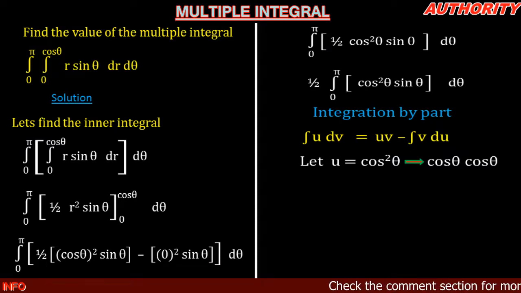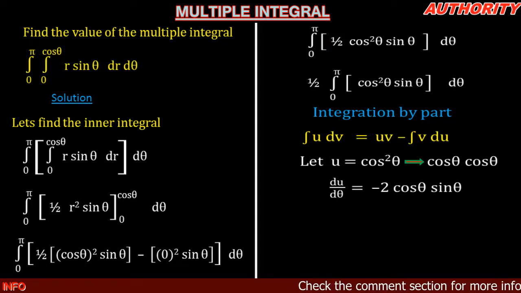Let's differentiate u with respect to theta, du d theta. Using the product rule, we differentiate the first cos theta times the second cos theta, plus the second cos theta differentiated times the first, and we get minus 2 cos theta sine theta.